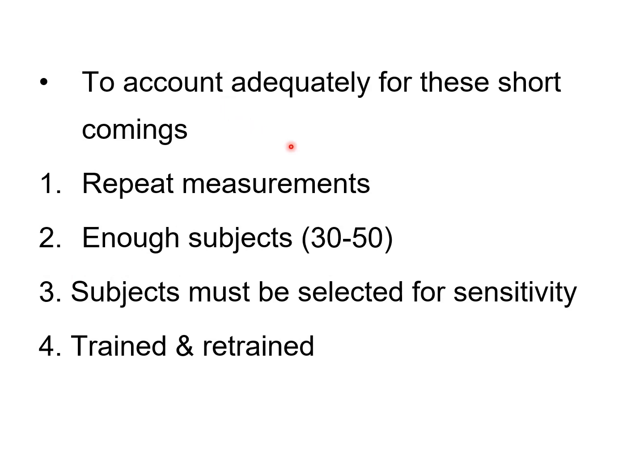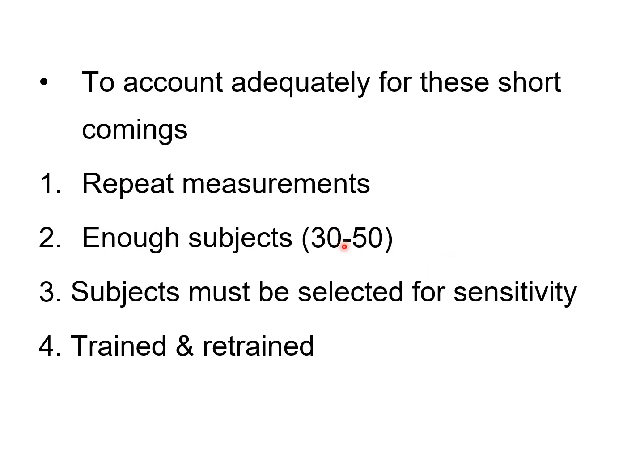So, to account adequately for these shortcomings, you can repeat the measurements many times. You have to have enough subjects, like 30 or 50. With 30 or 50, you can make an assumption that this many people liked it and this many people disliked it, and then you can get a good idea.